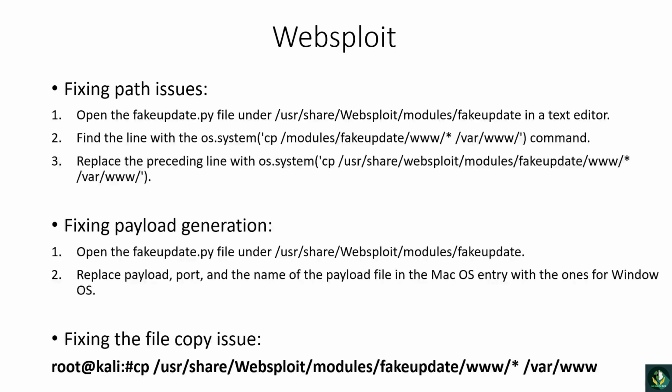So let's fix the path issues. Path issues will affect the copying of files which are required by the attack vectors in order to set up our fake web pages.